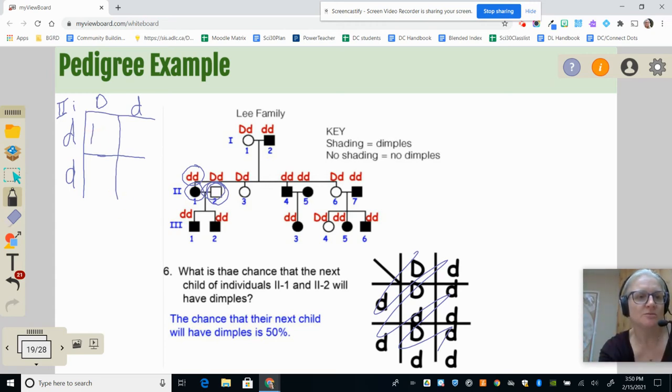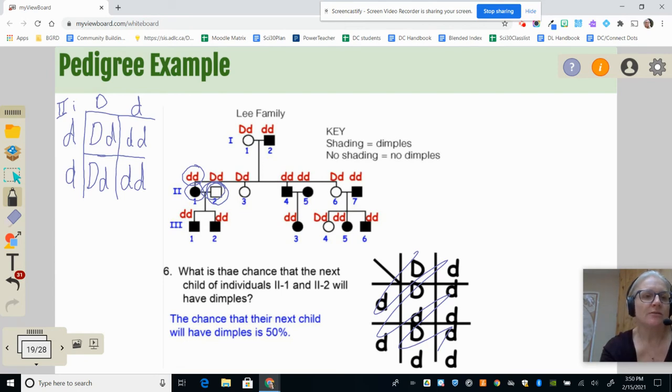So one offspring could have a heterozygous genotype. Here we're going to have a homozygous recessive genotype. Here we're going to have a heterozygous genotype. And here we're going to have a homozygous recessive genotype.